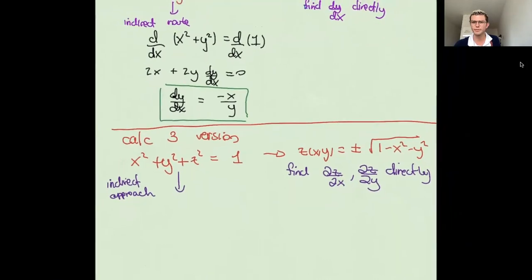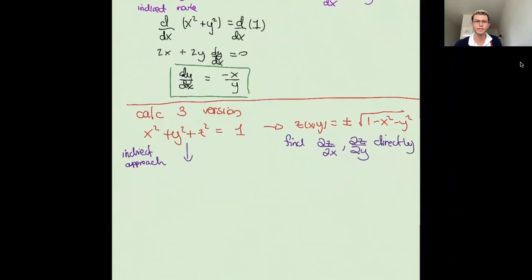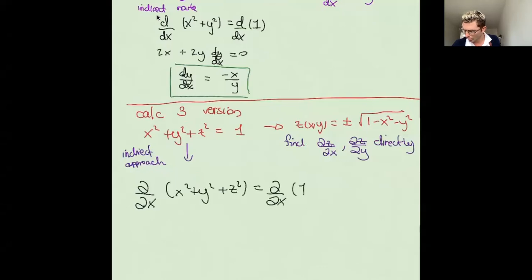In the same way in which we differentiated here with respect to x, you could do the same in this case, but now you take a partial derivative with respect to x on both sides. Okay, so you'll do something like this. So far so good? Are there any questions up to this point?